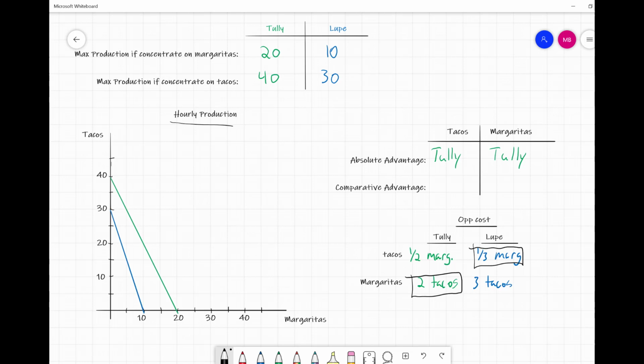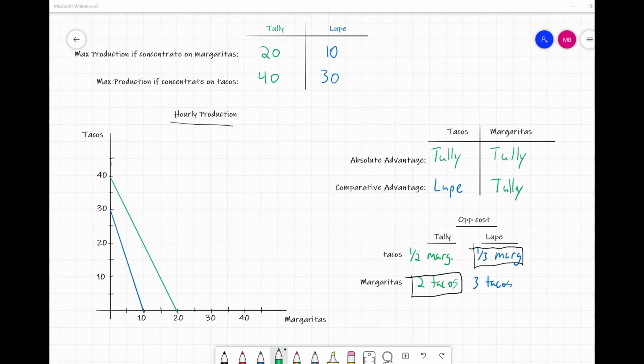So comparative advantage for tacos is Lupe, and for margaritas is Tully. So Tully should concentrate on producing margaritas, and Lupe should concentrate on producing tacos.